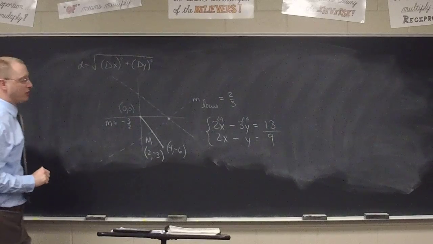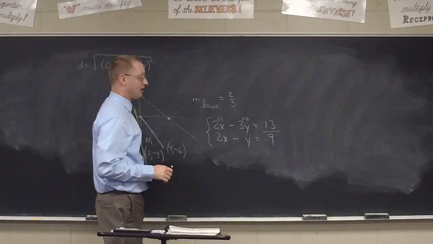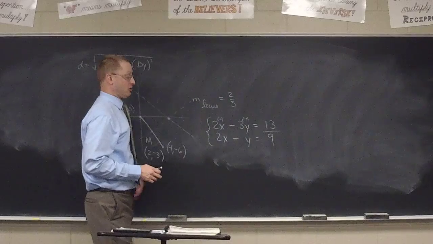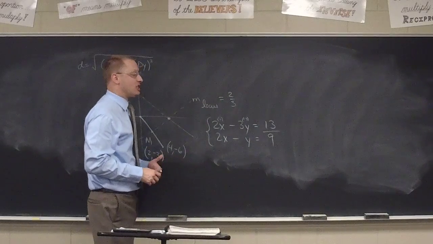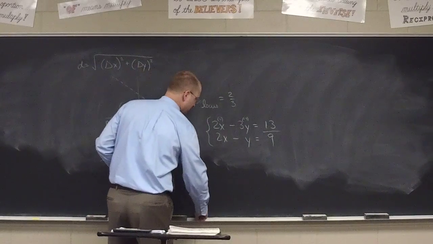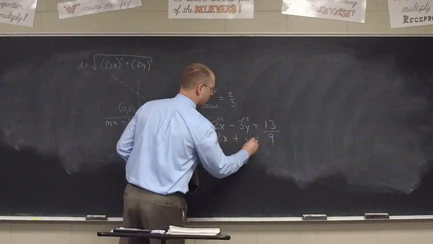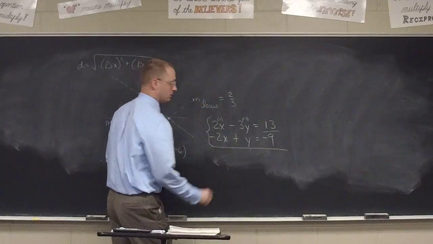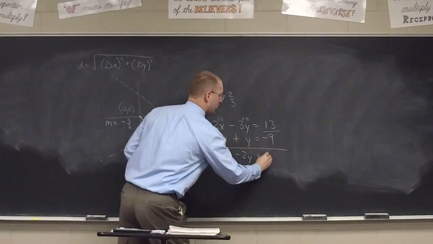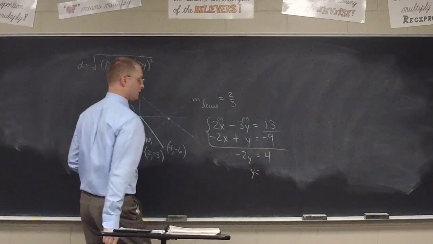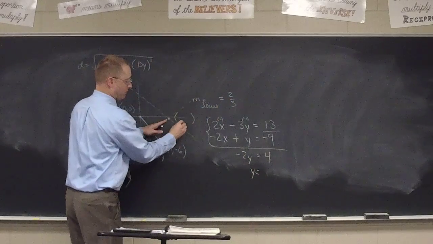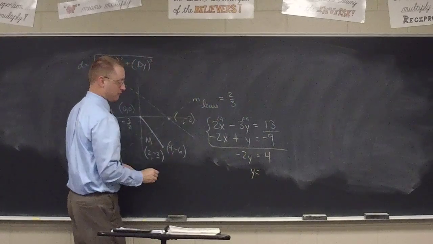Now, if I wanted to solve this, it'd be a good idea to solve by addition. The 2x's are just right there. I just need to multiply across the bottom to get -2y equals 4. So therefore, y equals -2. So that means this point of intersection has an ordinate of -2.